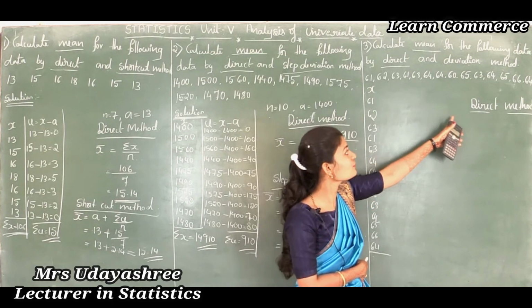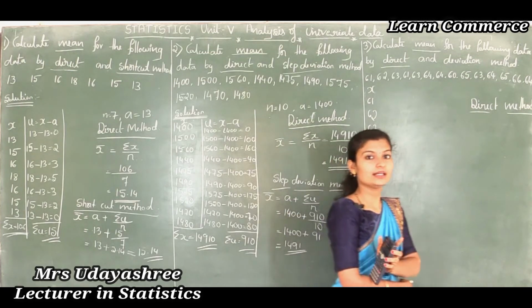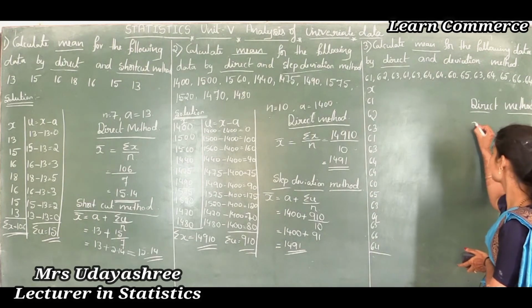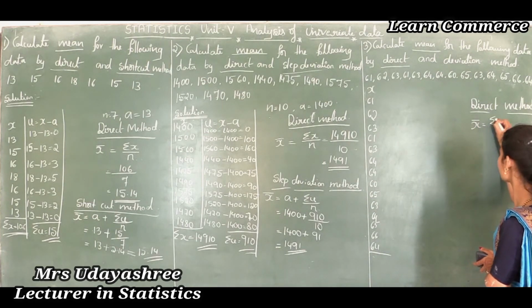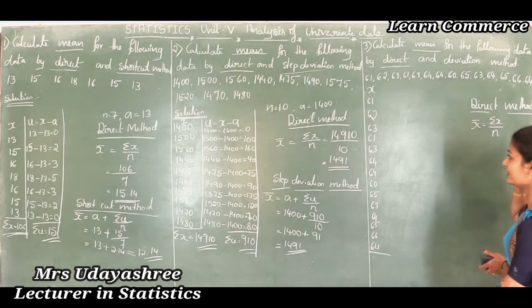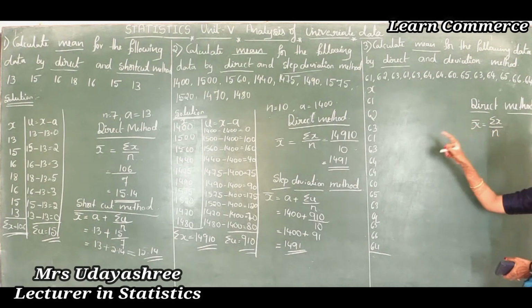In case of direct method, to calculate mean, the ungrouped data formula is x bar is equal to summation x divided by small letter n. First we need to find summation x.